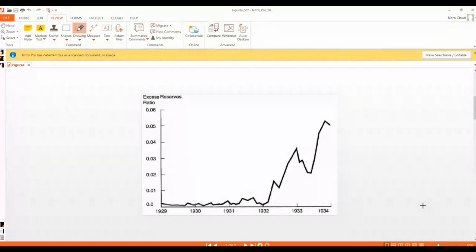Excess reserve ratio. So this is reserves over and above what was required. The required reserves, well, they're not really changing, so it doesn't matter. Notice that in normal times, the excess reserve ratio, the reserves over and above what is required, is pretty small.